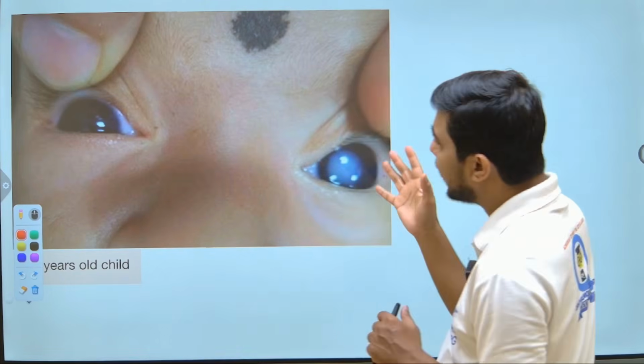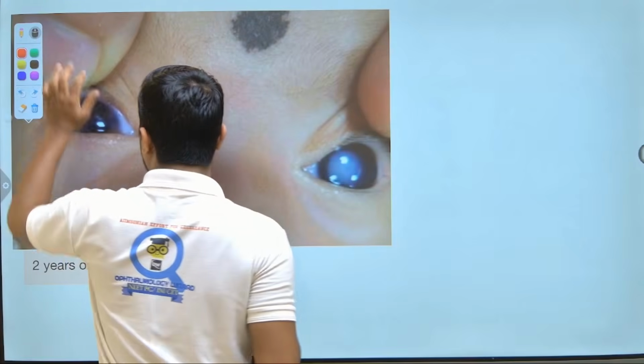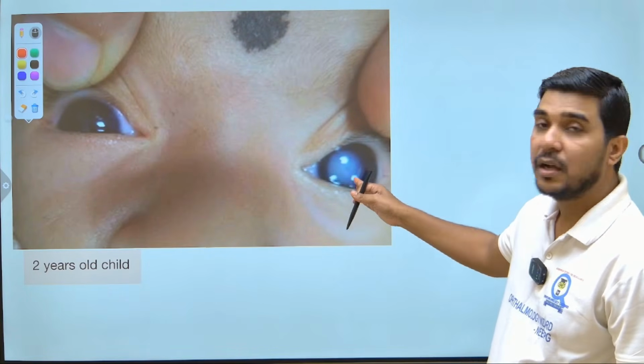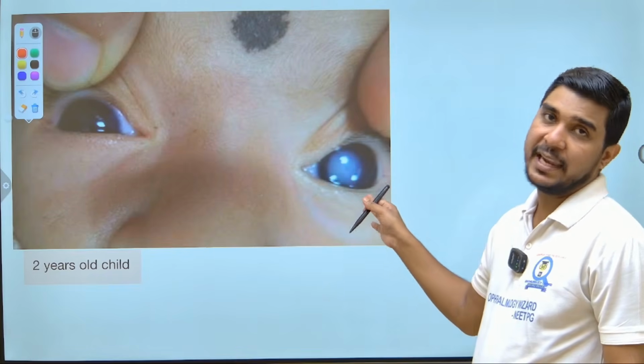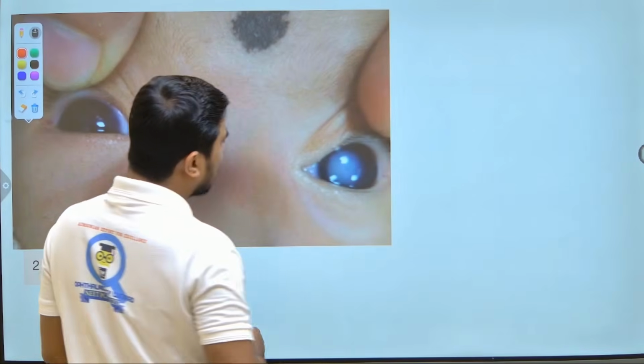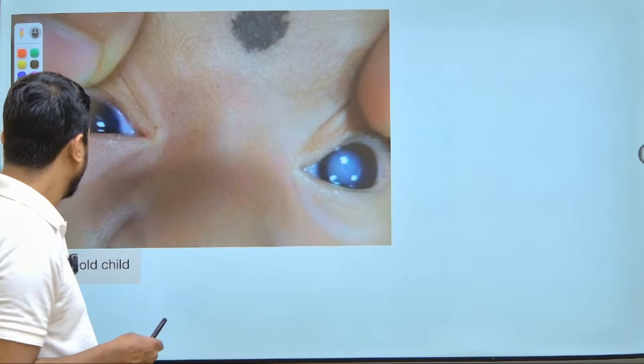MCQ, can you see? This is an image of a 2-year-old child having leukocoria in the left eye. If you see, there is a lenticular opacity that will be seen here.